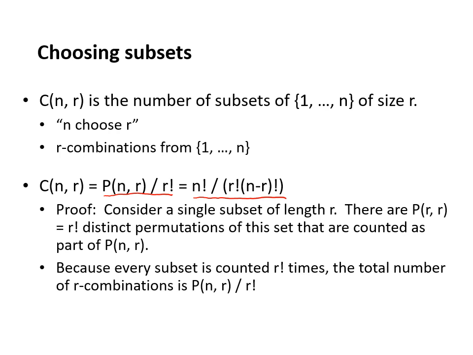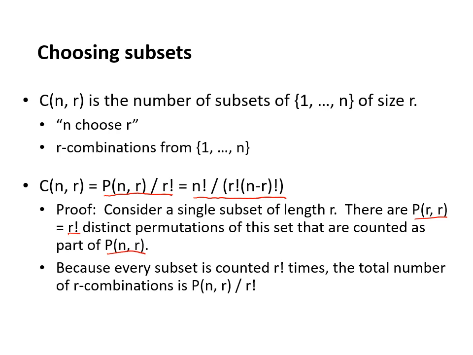We can sketch a simple proof for this. Consider a single subset of length r. There are P of r, r, which is equal to r factorial, distinct permutations of this set that are counted as a part of P of n, r. So this many distinct permutations belong to the same equivalence class.